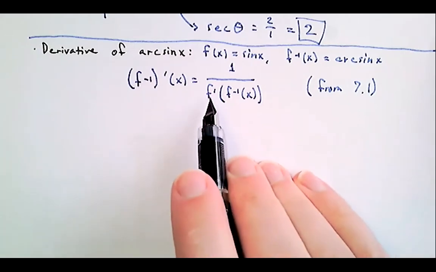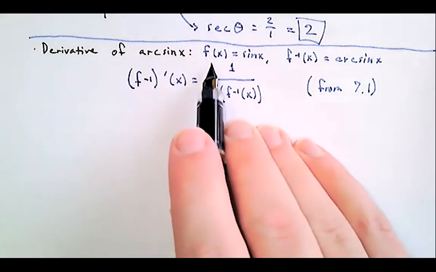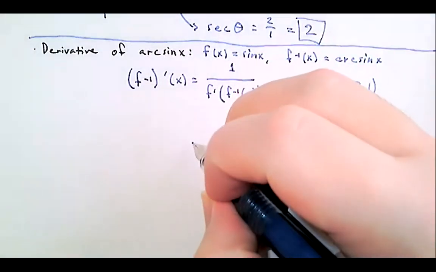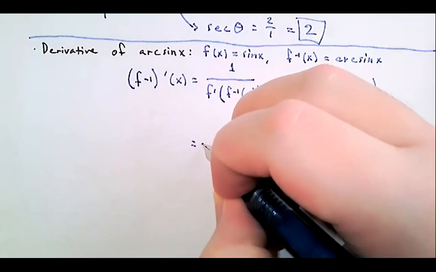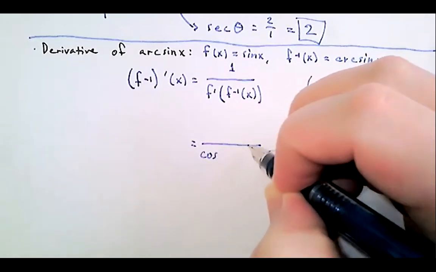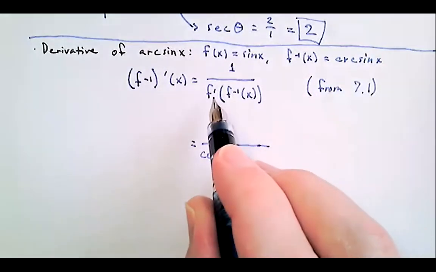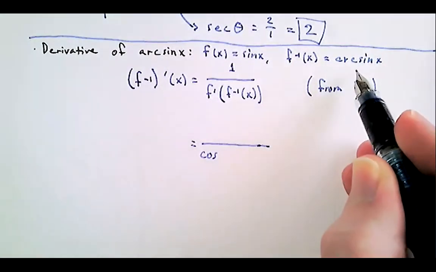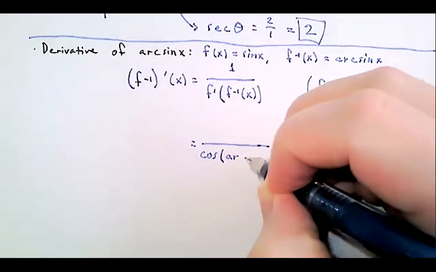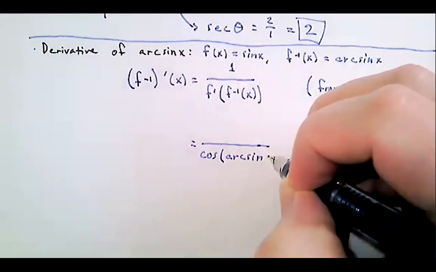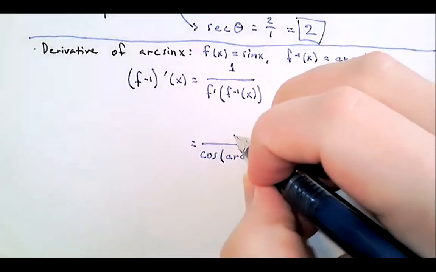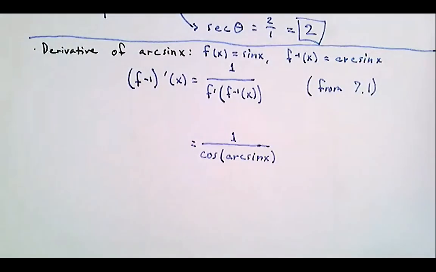Okay, so first of all, what is the derivative of f? What's the derivative of sine? Anyone? Cosine. Good. So we're going to take a cosine function and plug in arc sine, in the denominator, and the numerator is just the number 1.